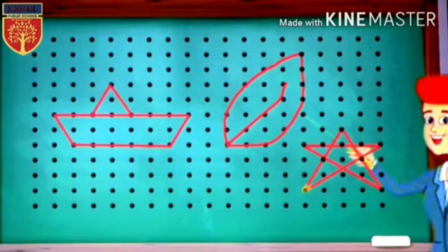We can draw some shapes or pictures also by using dot grid. For example, you can draw a boat, a leaf, a star also by using these dots and this type of dot grid.